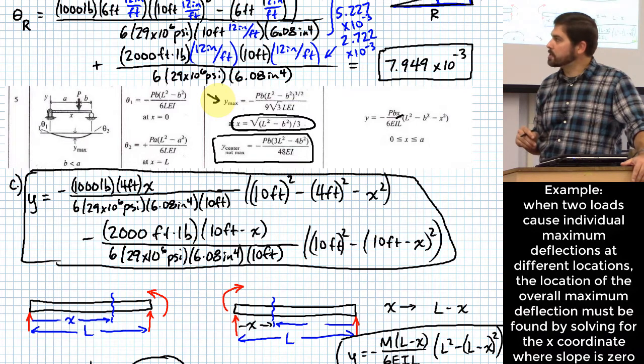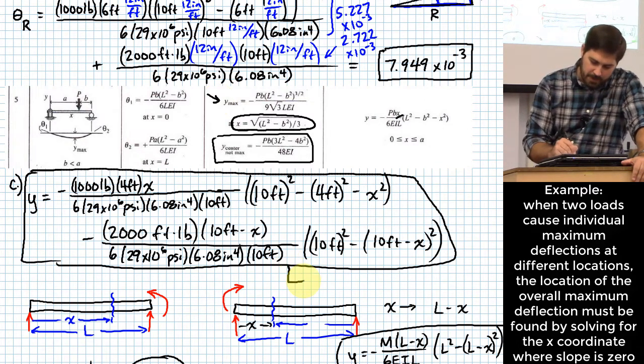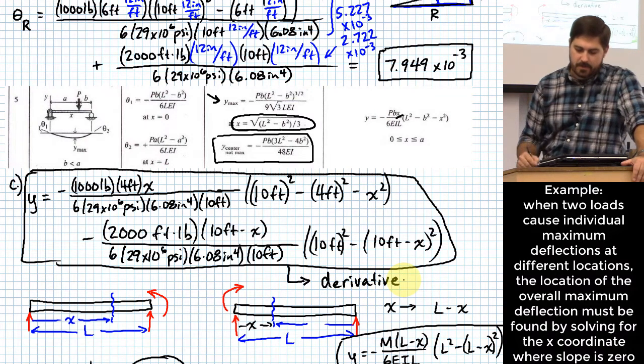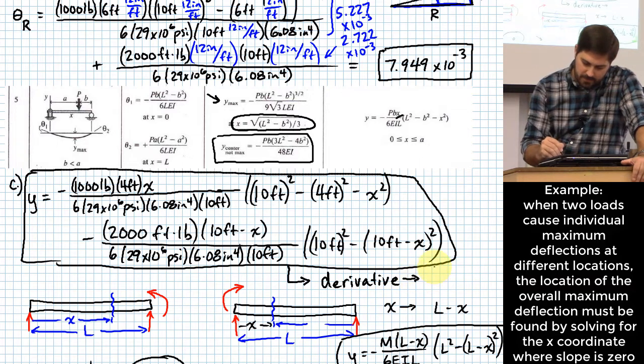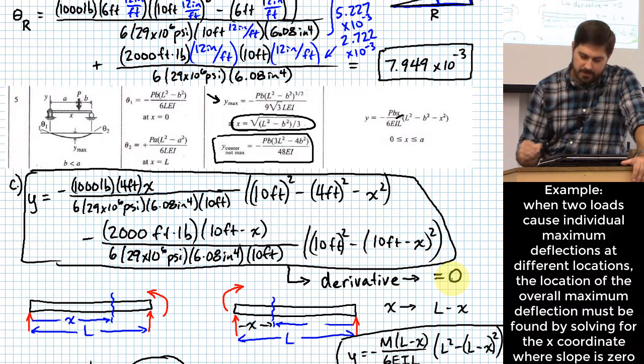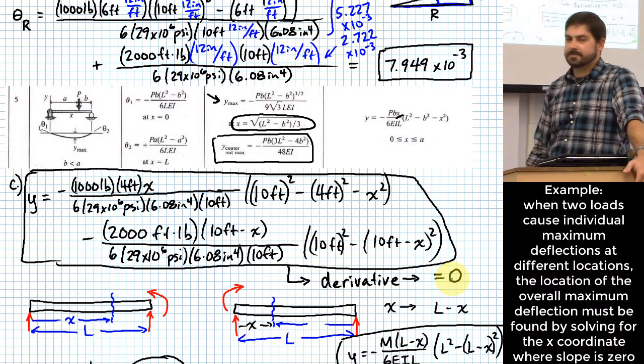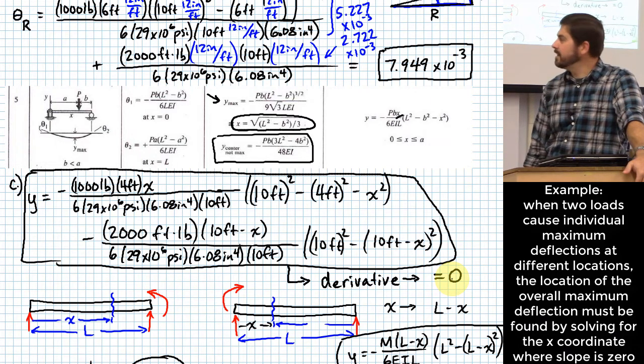And how do I know the slope? What's an equation I could make for the slope of this beam anywhere along the beam? For this thing I just came up with, find the derivative. Set equal to 0. Okay. Then what?